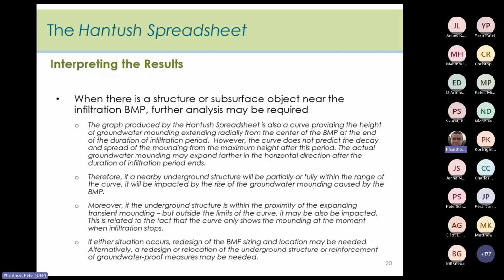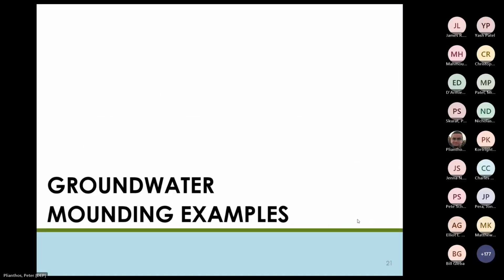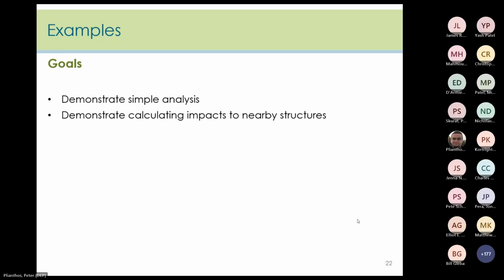Now that we better understand the inputs to the hand-touch spreadsheet and the results it provides, let's go to some examples that illustrate the method and what to do with the results. The examples presented today are two of the ones in Chapter 13 and are arranged from simplest to more complex.